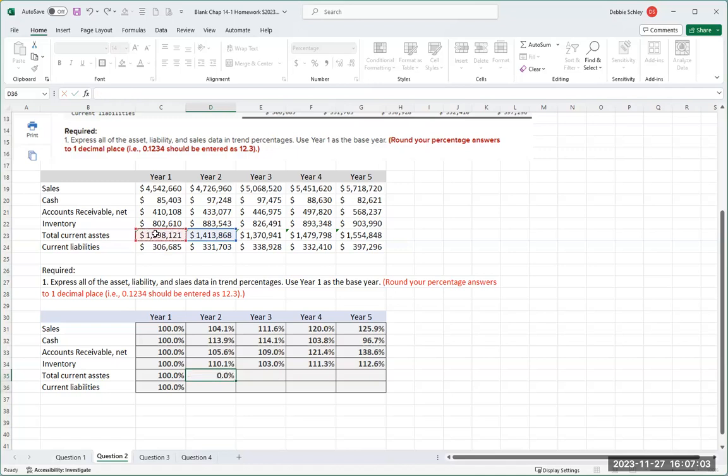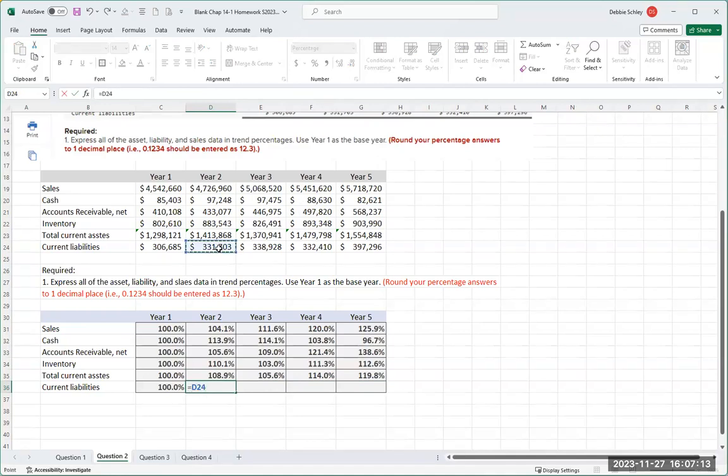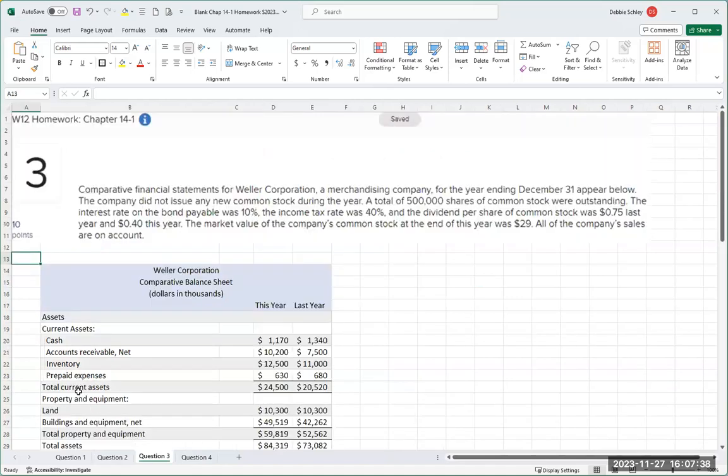Anchor the cell, drag it across, and then current liabilities, year two current liabilities divided by year one current liabilities, anchored, and then drag that across. And so you input these percentages into your homework, remembering to round to one decimal place. All right, that is it for question 2.